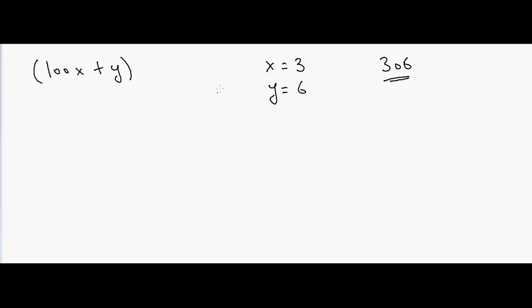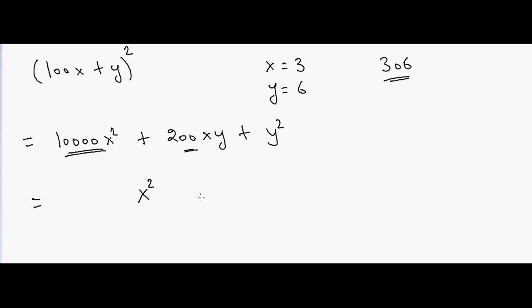Now if I need to square this number, it will be equal to 10,000x square plus 200xy plus y square. Now you can see that we have four zeros for x square, two zeros for 2xy, and no zeros for y square.